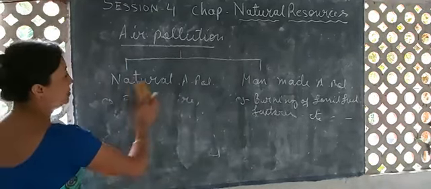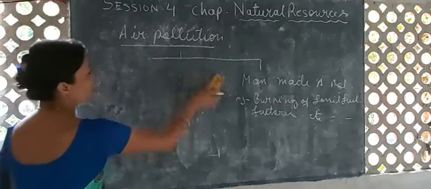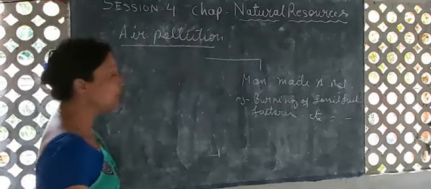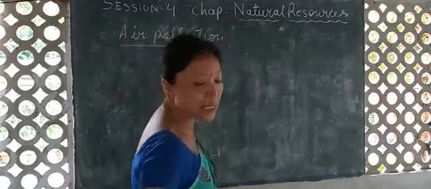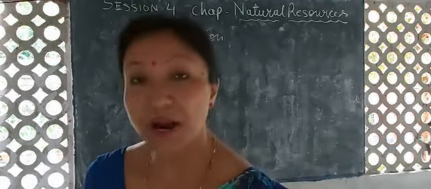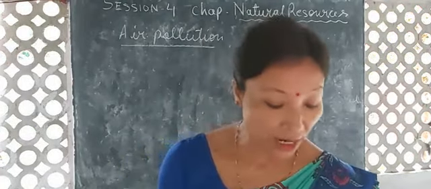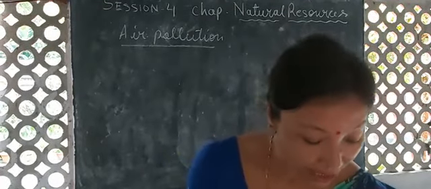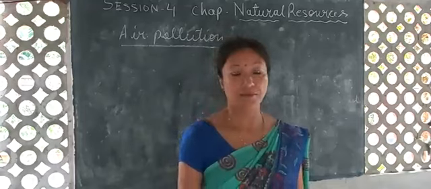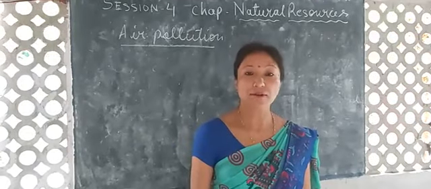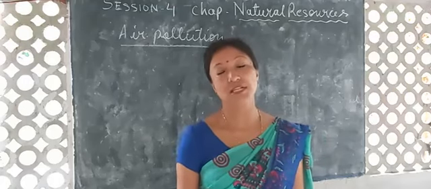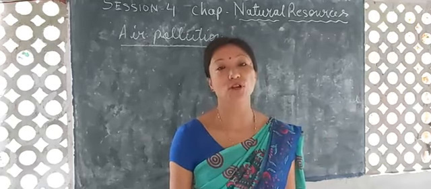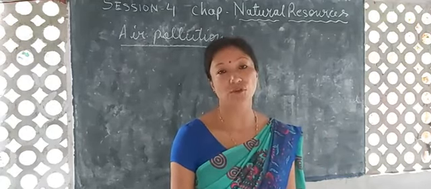Then air is also polluted by different types of gases. It's not only the particulate matters which will pollute the air, but also some harmful gases. When these are added to the atmosphere, it will pollute the air, it will make it unsafe for us.